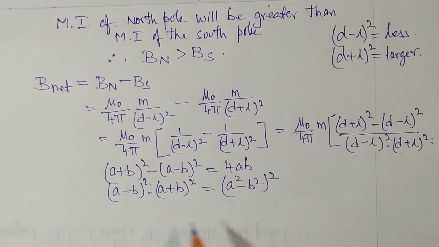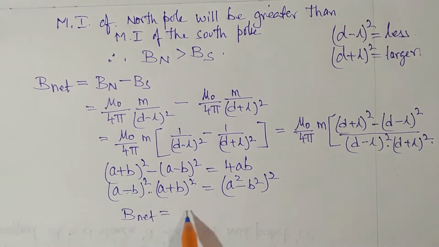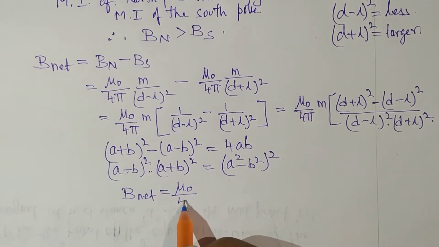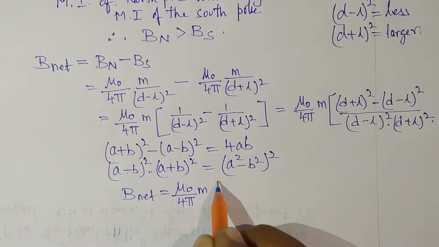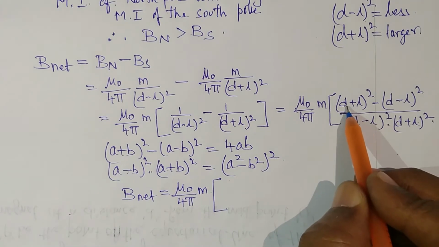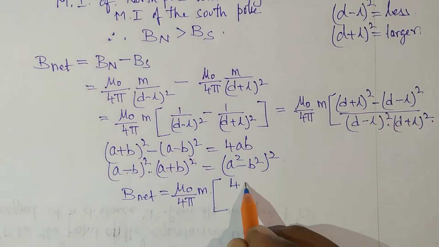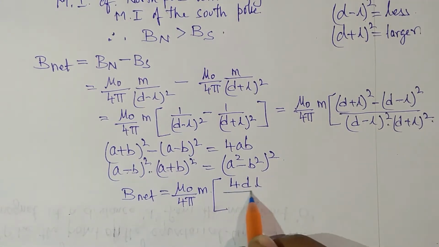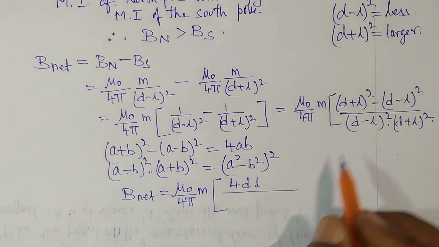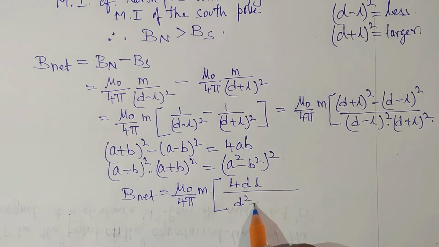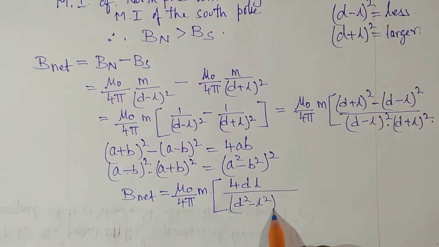So now I will write this equation as B net is equal to mu naught by 4 pi m into, on simplifying this one, what will you get? 4 times ab. Instead of ab I will write d into L, by, in the denominator, (d square minus L square) whole square.